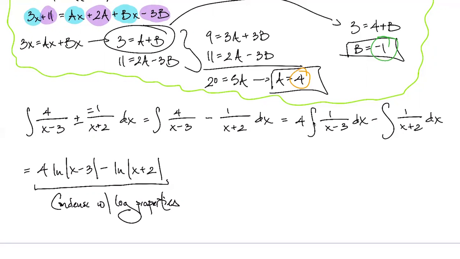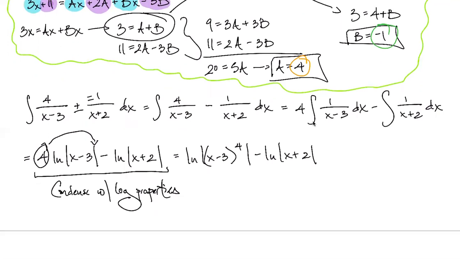Okay? So in case it's a little bit back there in the brain, let's talk through what we can do. With the properties, I can take this constant and bump it up as a power. So natural log of x to the 4, minus natural log of x plus 2. And how do we combine when we have two natural logs separated by a subtraction?